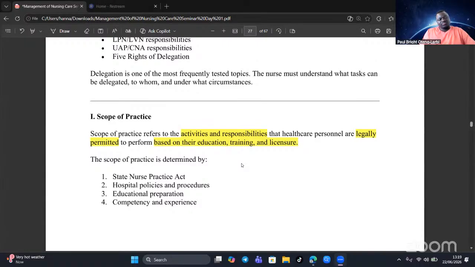Now, Michael has to ask this LPN, what is his background? What is the level of education? This work I want to give to this LPN, is it allowed for the LPN to do or not?